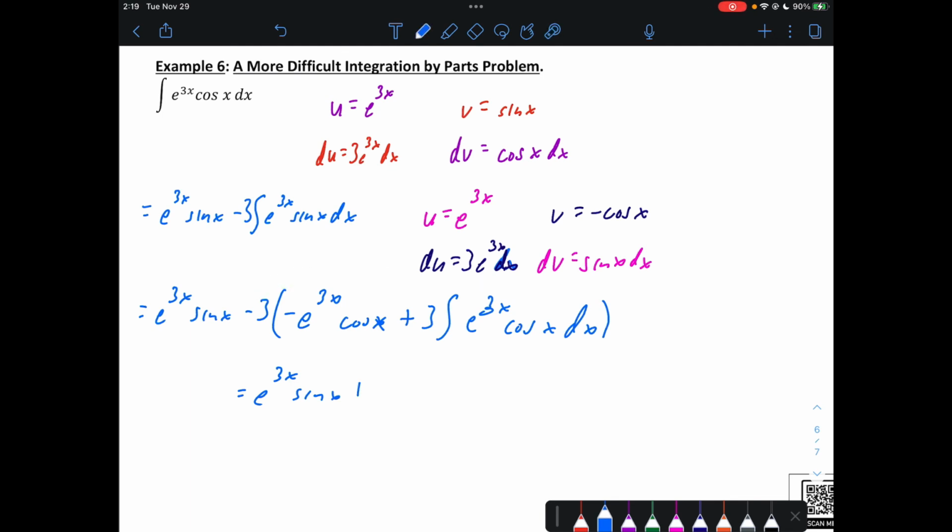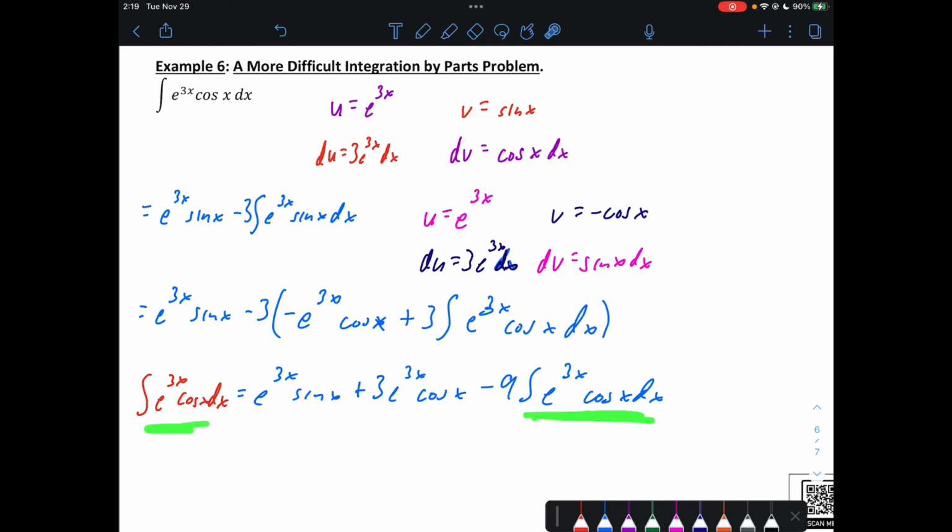So it's going to be plus 3e to the 3x cosine x minus 9 integral e to the 3x cosine x dx. Remember what this was all equal to. This was equal to our original equation, integral of e to the 3x cosine x dx. And if you see, these two are the same. So I need to combine like terms here.